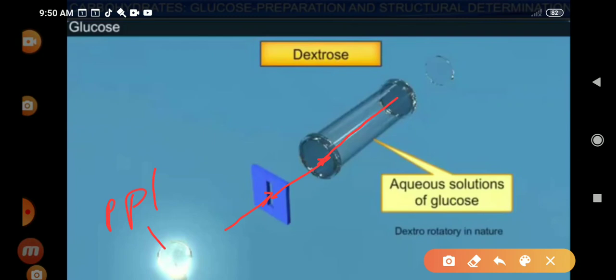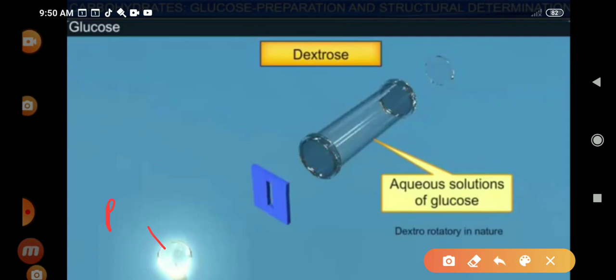What is taken in the sample here? An aqueous solution of glucose is taken. And when the light is made to pass through it, we will find out whether there are any changes in this plane of polarized light, that we need to check. So we'll be doing the demonstration here.